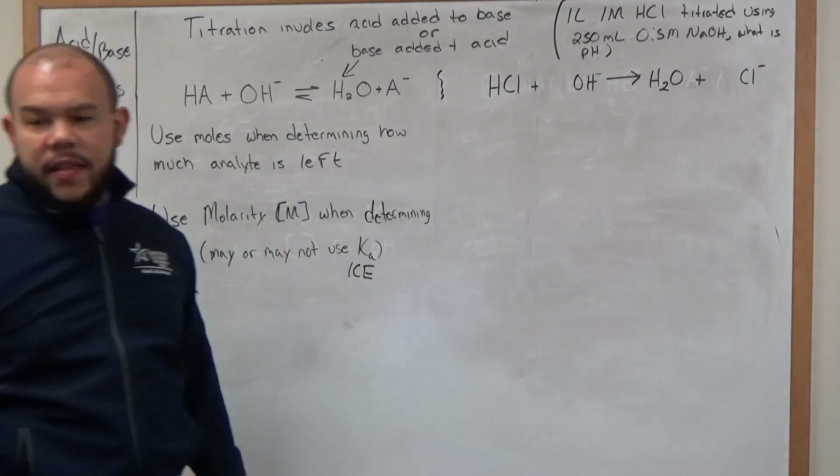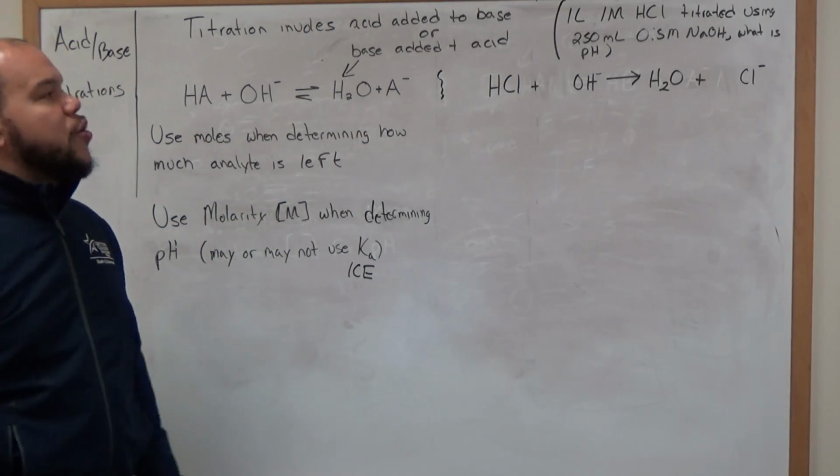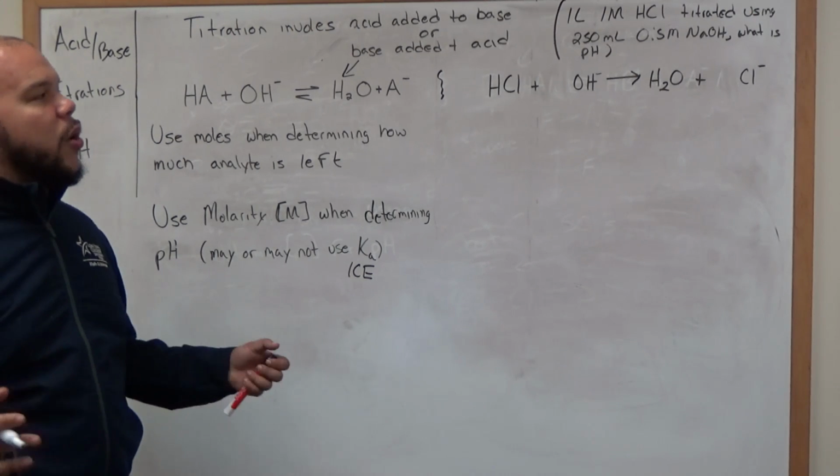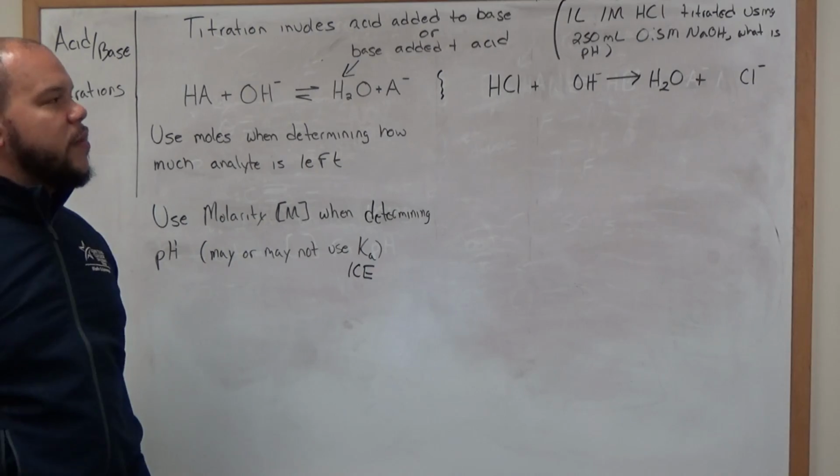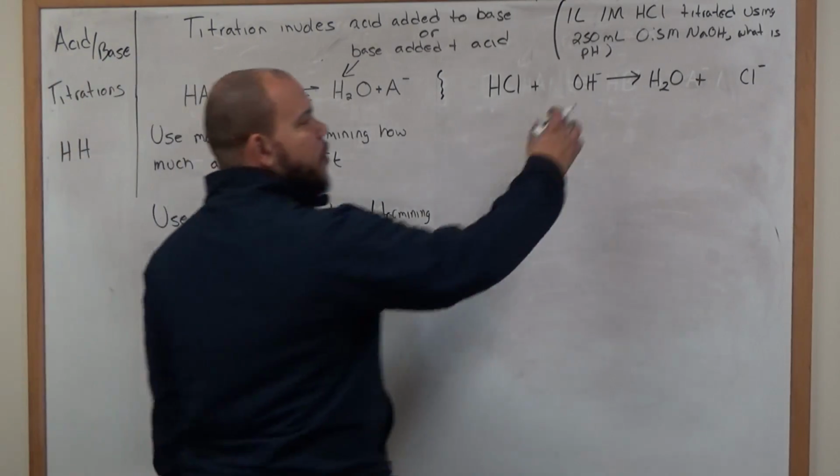Okay, let's say that was what you were posed. You had 1 liter of 1 molar HCl, and you were titrating it using 250 milliliters of 0.5 molar sodium hydroxide.